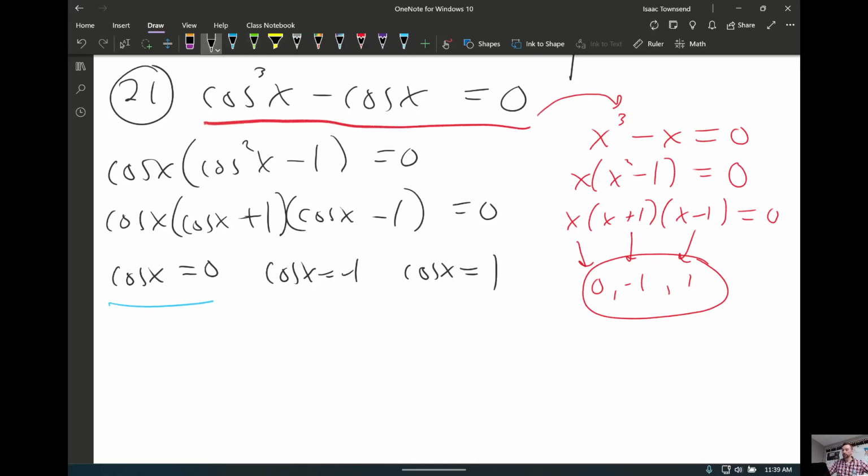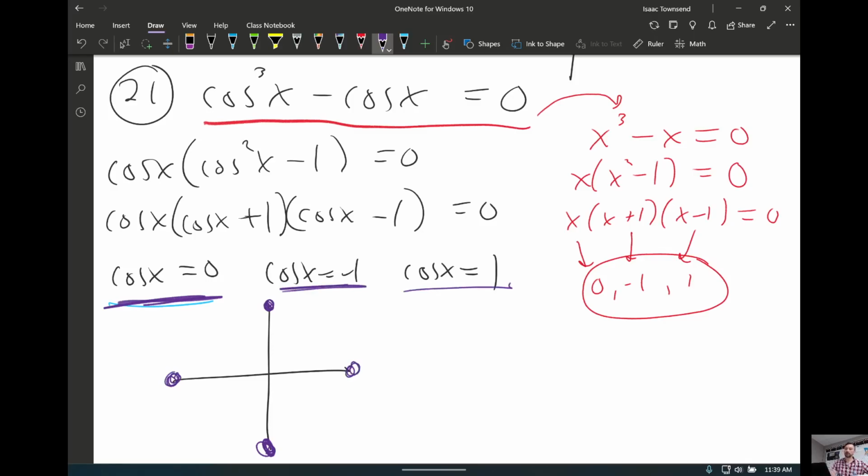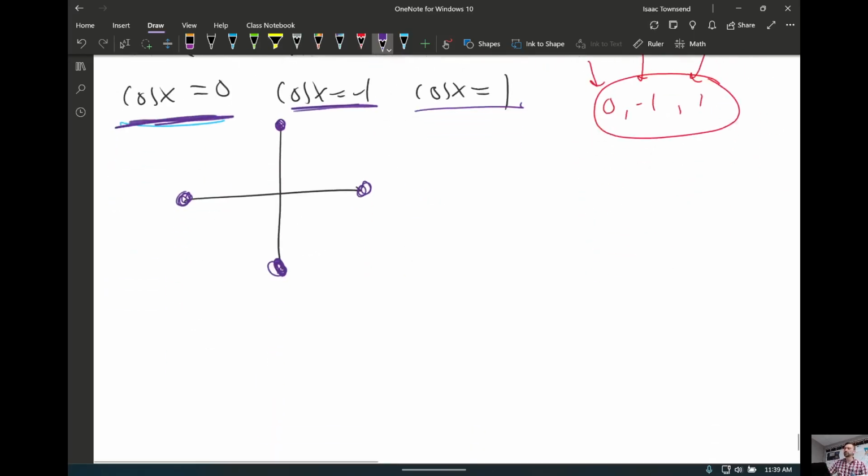So cosine is 0 in a couple places. Cosine is -1 in one place, and cosine is +1 in one place. So looks like there's 4 places that could be a solution.